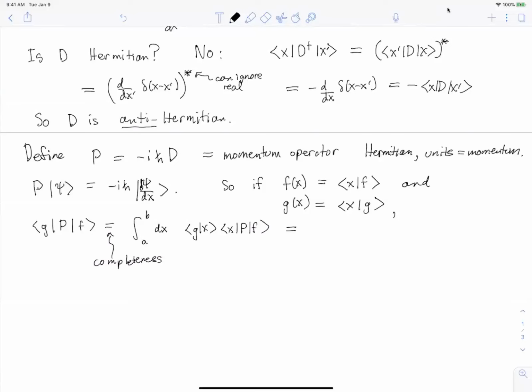And then this we can write as minus i h bar, integral from a to b, g of x complex conjugate. That's from this inner product. And then this thing we learned is equal to df by dx, when I put in the minus i h bar that came about from the definition here.